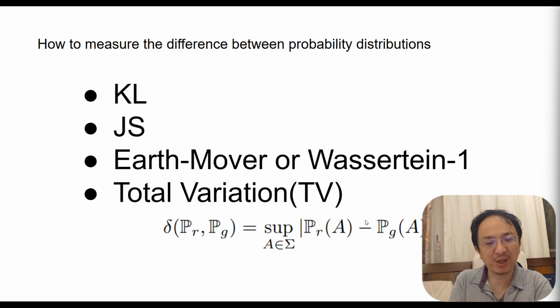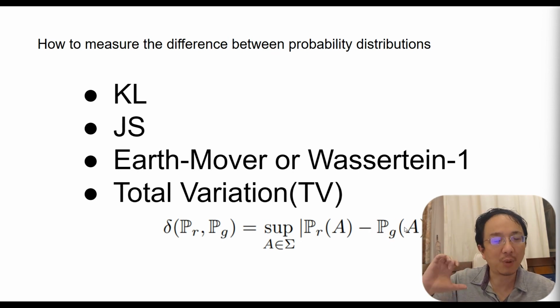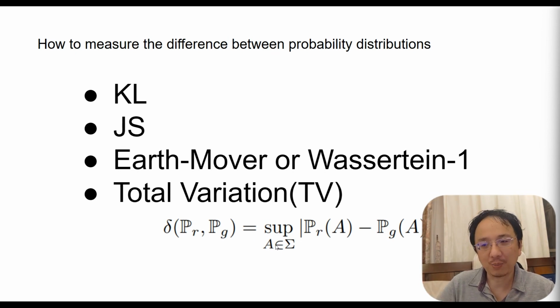You compute the probability of this event in the first distribution, and you also compute the probability of that event in the second distribution, and you compute the difference between these two probabilities. Among all possible events, you find the one event that maximizes the difference between these two probability distributions. So that is total variation.